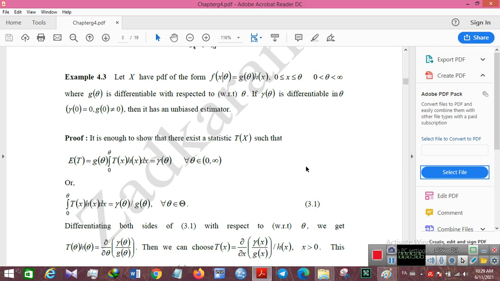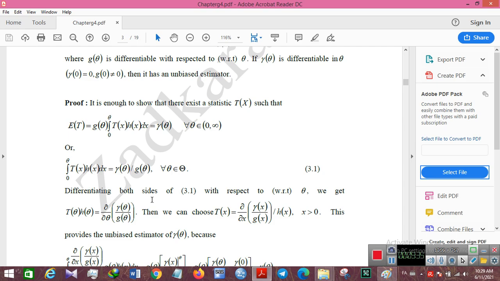To show this, for the proof, you can find the expectation of T(X) is equal to gamma(theta), the integral from 0 to theta of T(x) h(x) dx is equal to gamma(theta), and we have this equation.